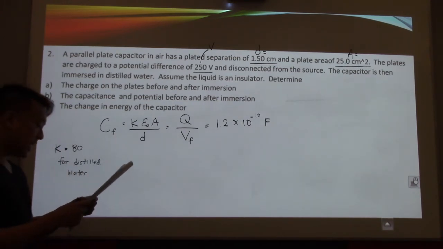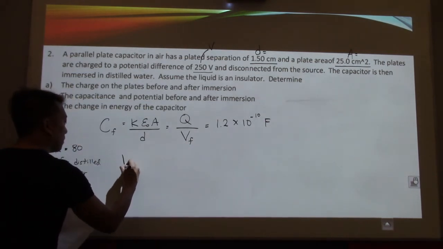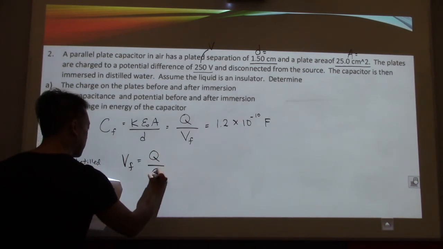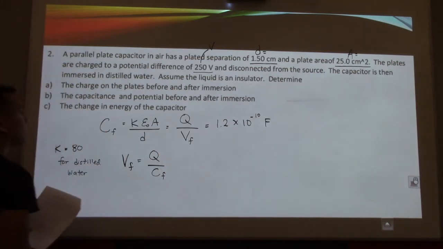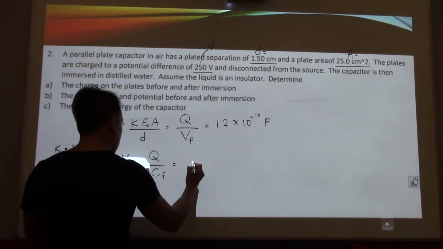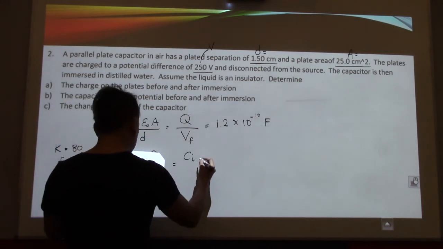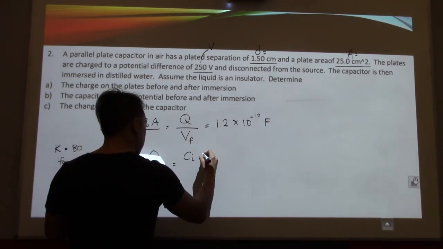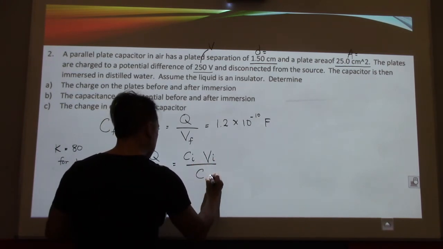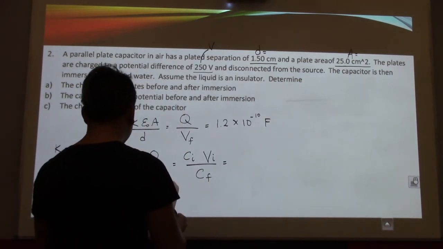And now to solve for V_F, we could do Q over C_F. Just flip the equation around. And so that's going to be C initial over C final, and the voltage is going to be the voltage initial over final.